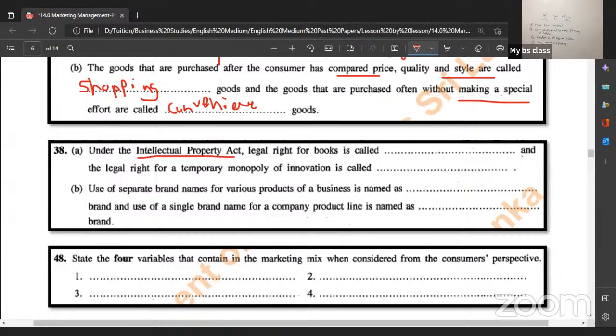Act number and the year, please. Intellectual property. Guys, make sure you came up with some summary regarding all the acts that we have discussed, right?